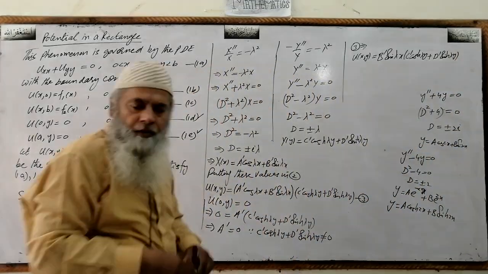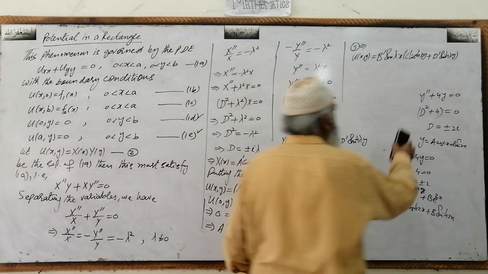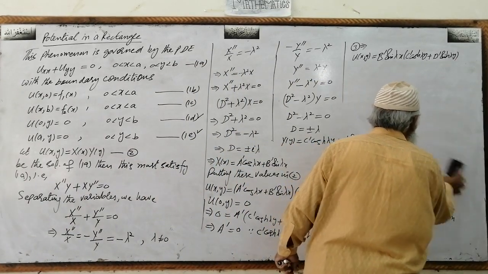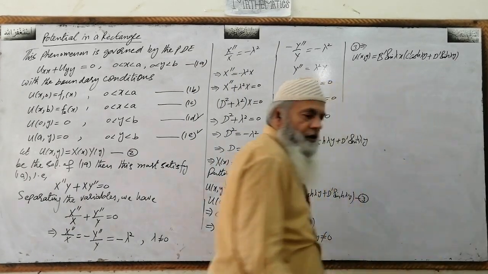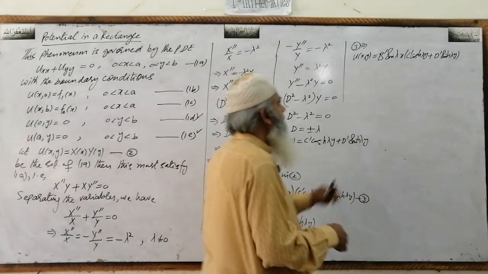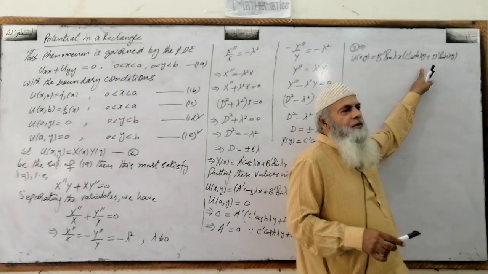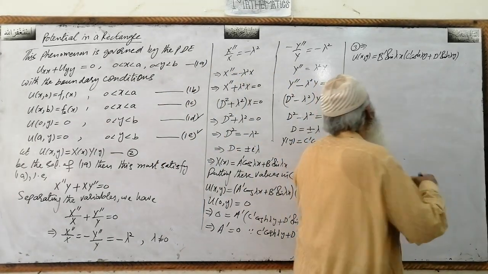Now these 3 constants will become 2 constants. How?